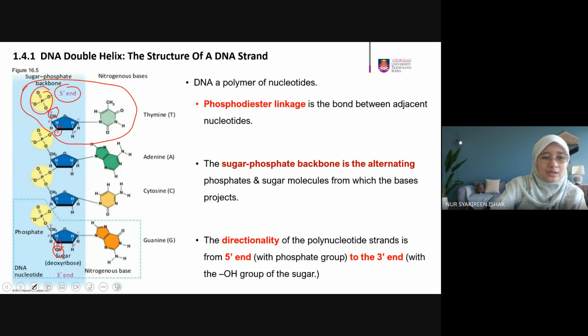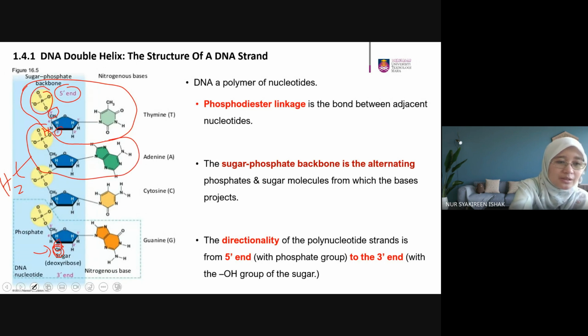So whenever you are going to add a new nucleotide to the strand, you always add at the 3' end. Because there's OH here, the hydroxyl will be removed and one hydrogen from the phosphate will also be removed to remove a water molecule, to attach the next nucleotide to the previous nucleotide.